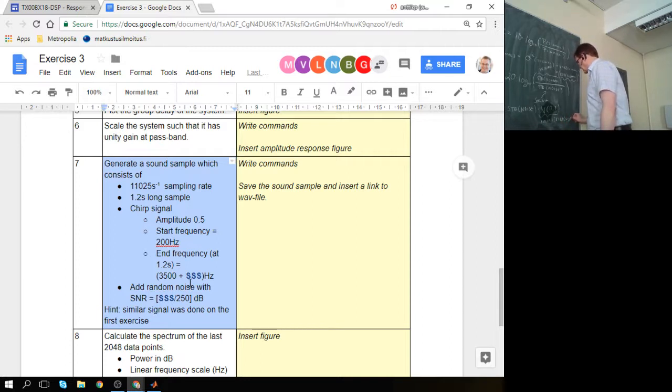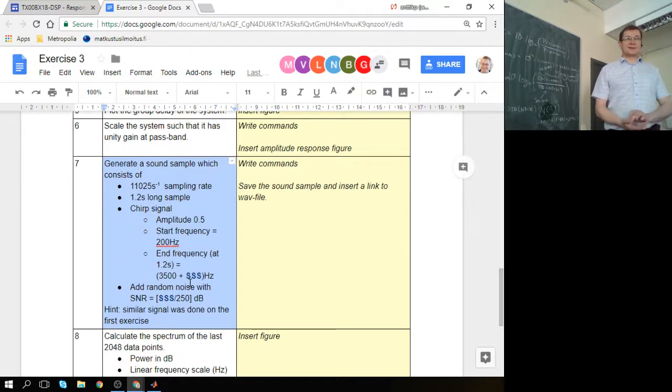Okay. So that's the linear scaling factor for this random number generator. Okay, now you know how to do it.